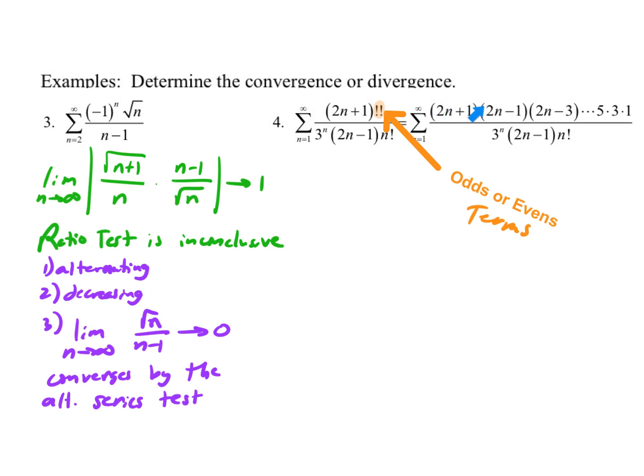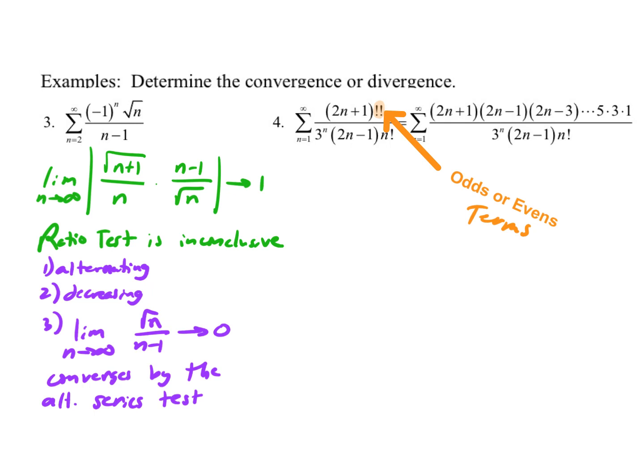Now instead of going to 2n, because that would be the next one down, right? But that's an even term. We skip that one, and we go to 2n minus 1. If I went to 2n minus 2, that's also an even term because I'm subtracting an even number from an even number. So in reality, this top, what they're telling us is just the odd terms.